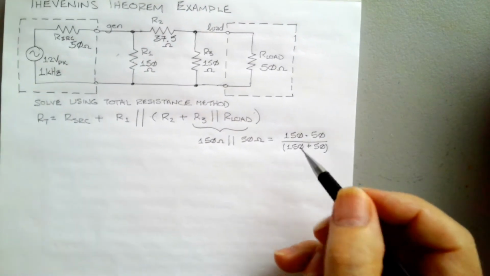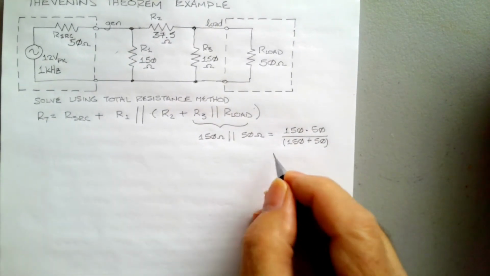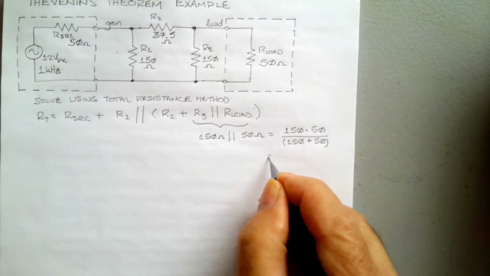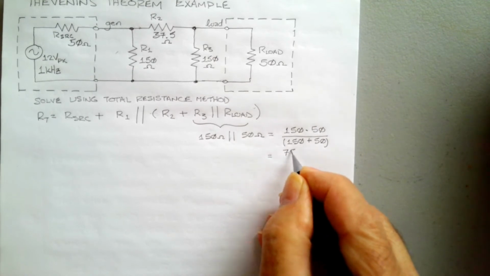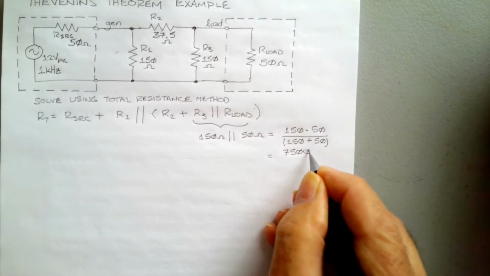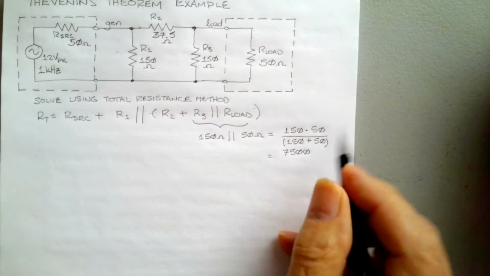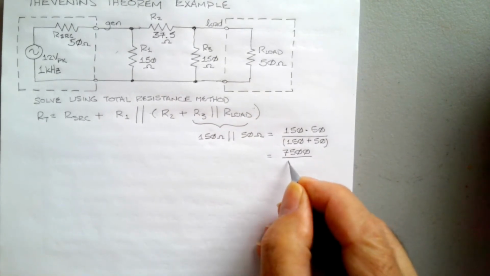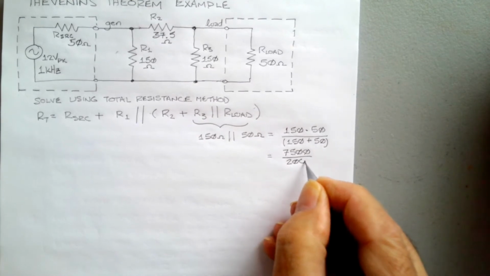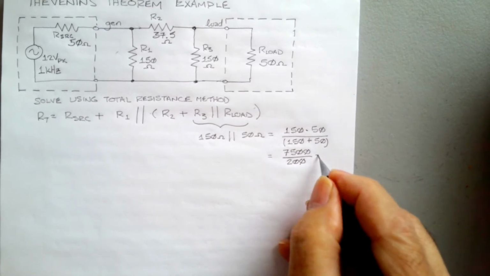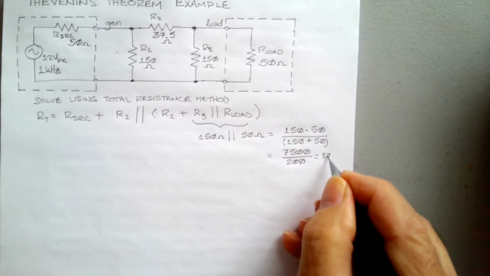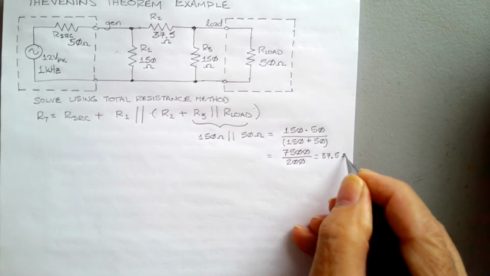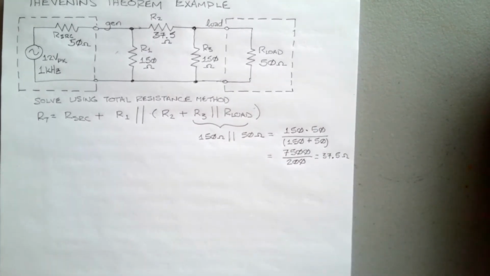That's going to be equal to 7,500, because 5 times 15 is 75, and we've got 2 zeros. 75 over 200 gives us 37.5 ohms.